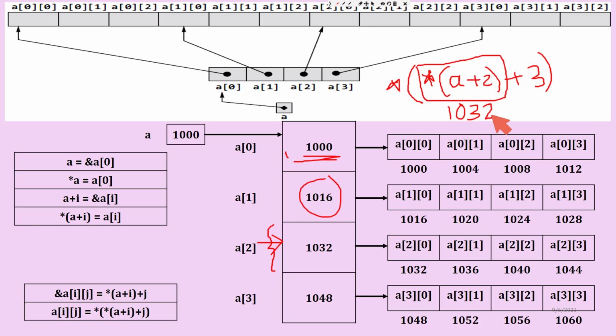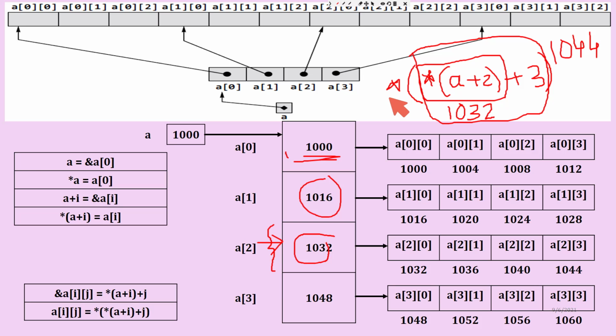Okay, Gautam. What is 1032 plus 3? 1044. 1032 plus 3 is 1044. Okay. So this entire expression we got as 1044. Then I have a star here.